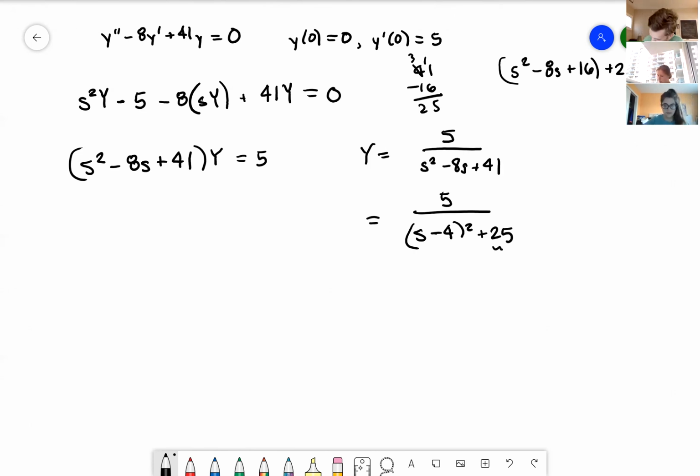And that works out nice because this is a square, and the square root is in the numerator. Fantastic. Okay, so this is 5 over s shifted squared plus a squared. So this should be a shifted.